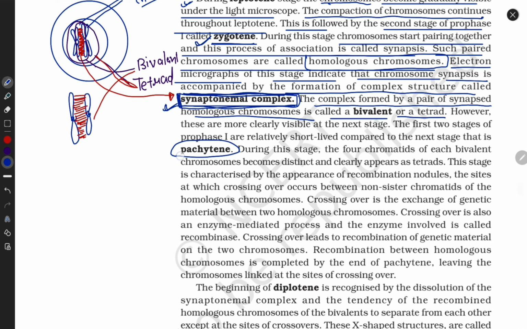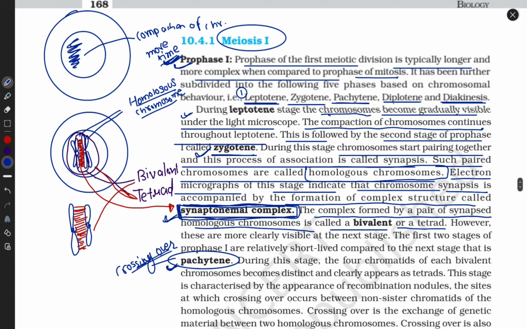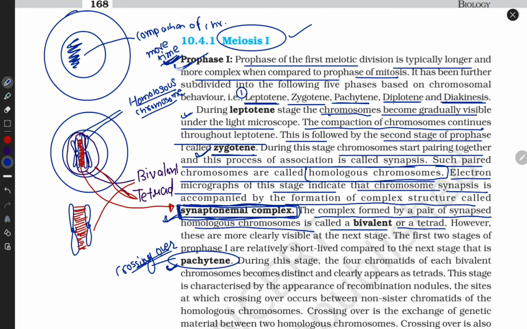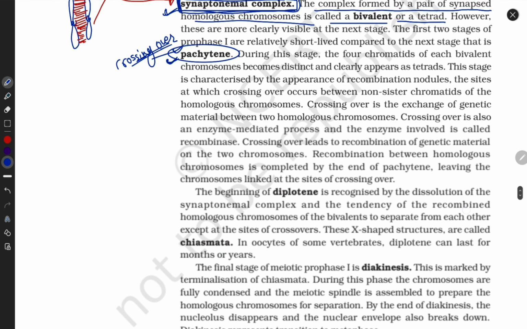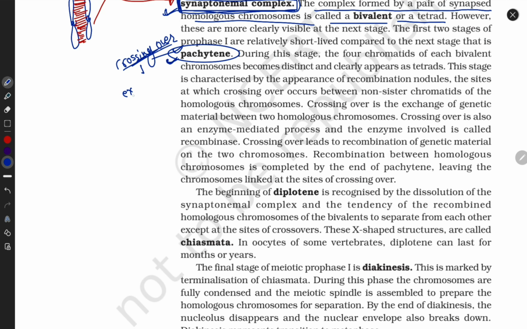Pachytene, very important, guys. This is the crossing over stage. In which stage does crossing over occur? Remember that this is meiosis 1, prophase 1, and the third stage, pachytene. What happens in crossing over? There is an exchange of some genetic material.